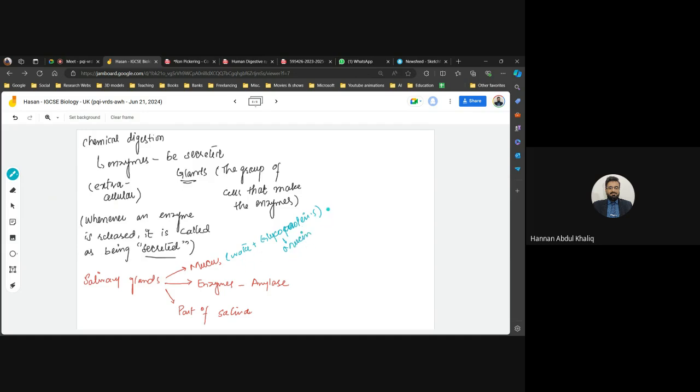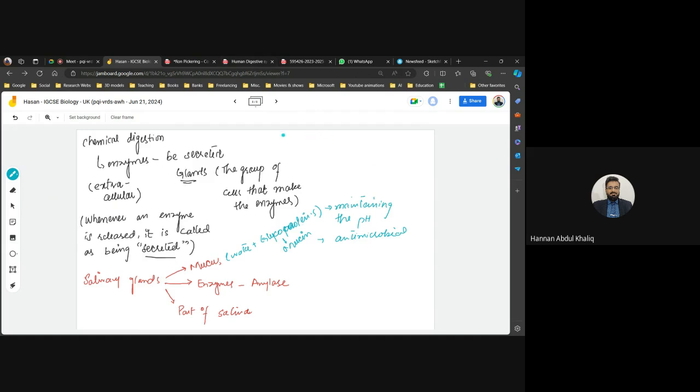They have the purpose of maintaining the pH and some antimicrobial activity. So that is the purpose of the mucus. So these are the two things, and these are released by the salivary glands.